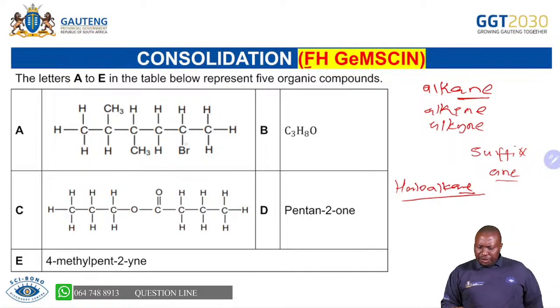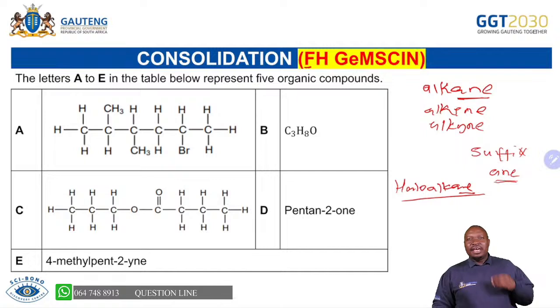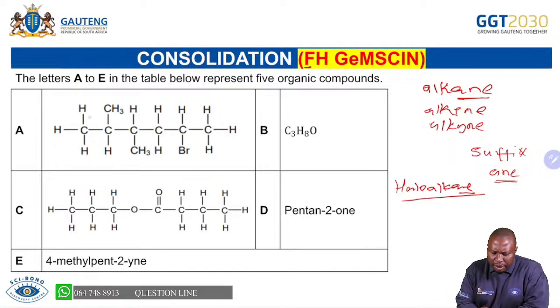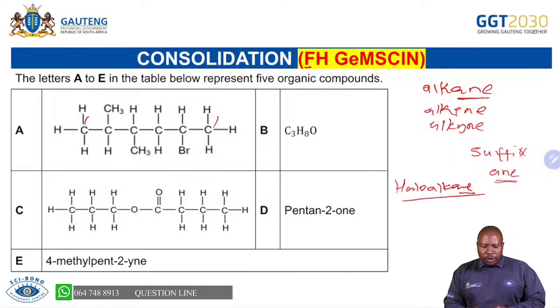Now, if we check this, which one is carbon number 1? That is the thing that our learners still struggle with, but I hope this will help you identify carbon number 1. This carbon and this carbon are in competition to be number 1. Somebody will say the one on the left, somebody will say the one on the right.